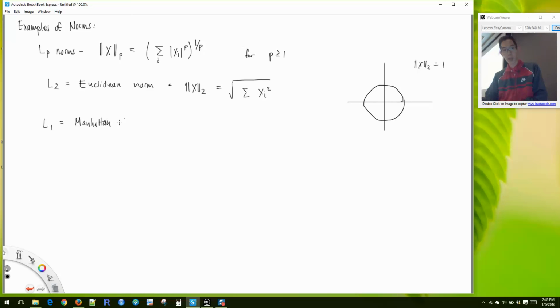All right. The L1 norm is called the Manhattan norm. In this case, basically you're just adding up the elements, and you're not squaring or taking the square root. You're just adding them up. So when you add them up, it has to add up to some distance 1.